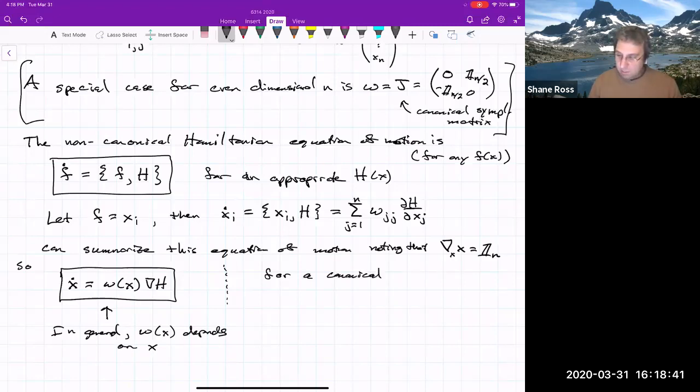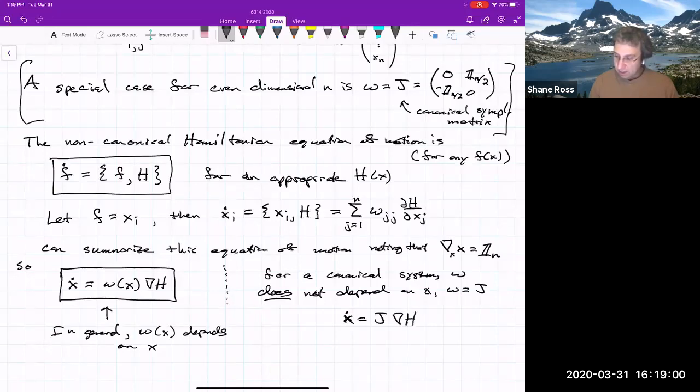For a canonical system, omega does not depend on x. Omega equals J, and x dot equals, this is what we've written before, x dot equals J gradient h. But this allows us to generalize it.